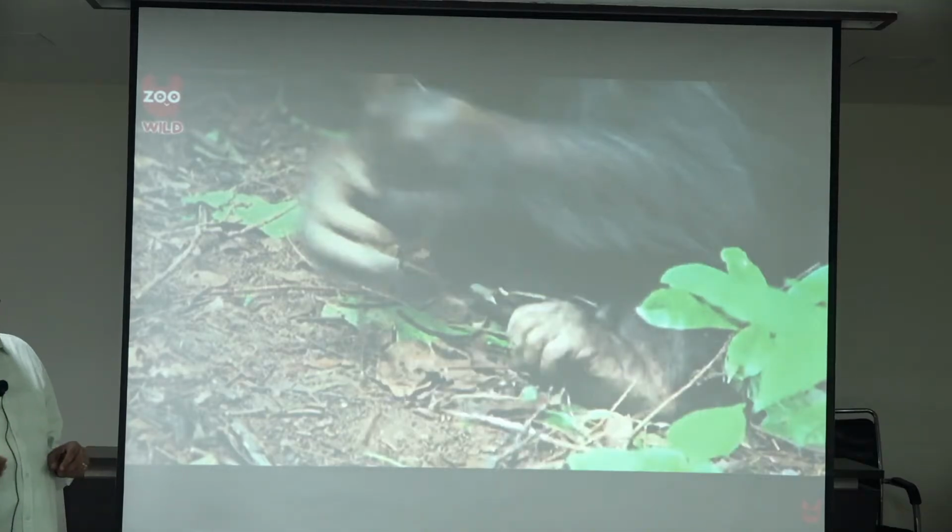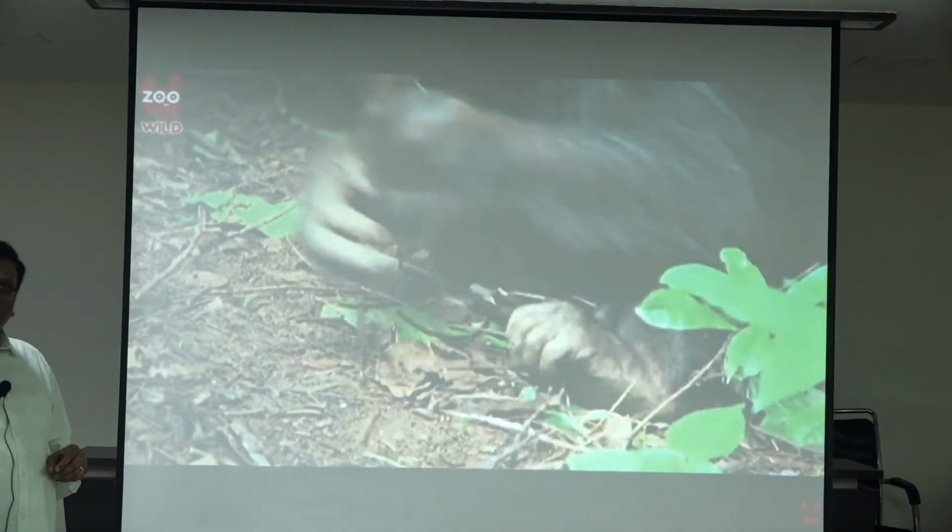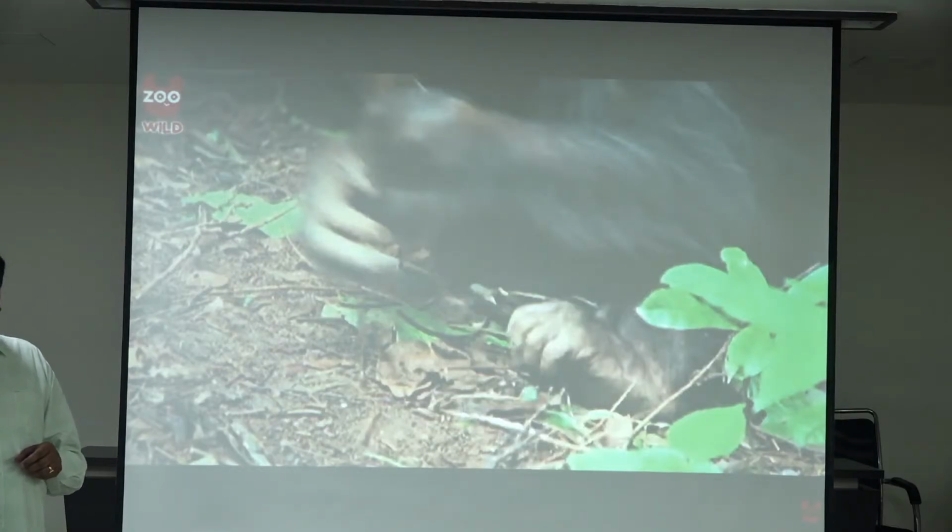Why is it doing it? Because its hand cannot go inside. Similarly, our probe also cannot go inside the IC. But how are we testing it?